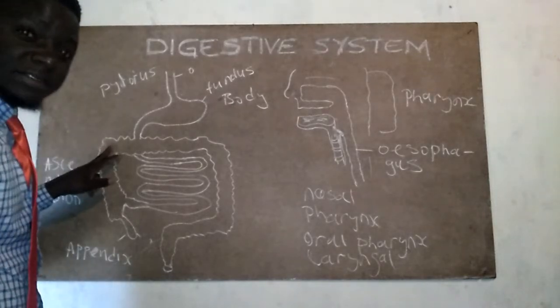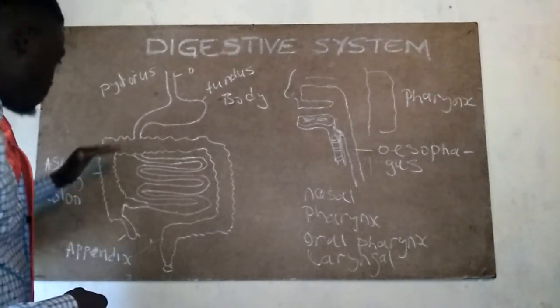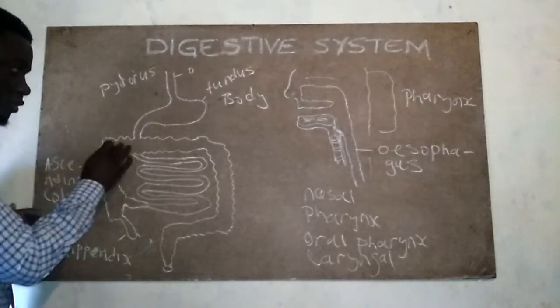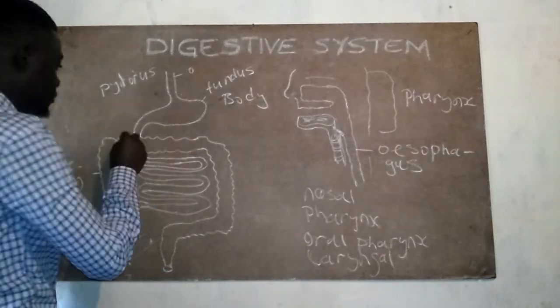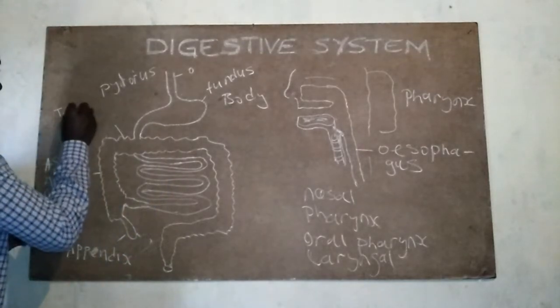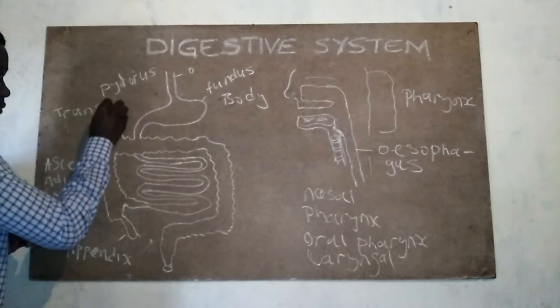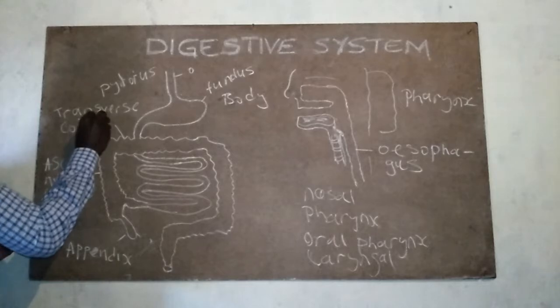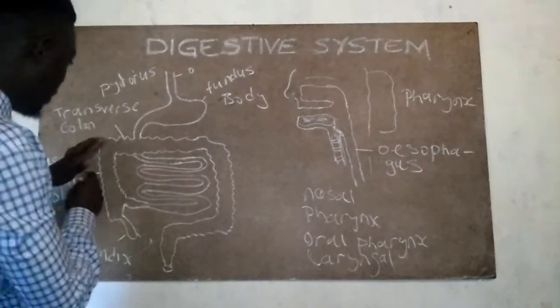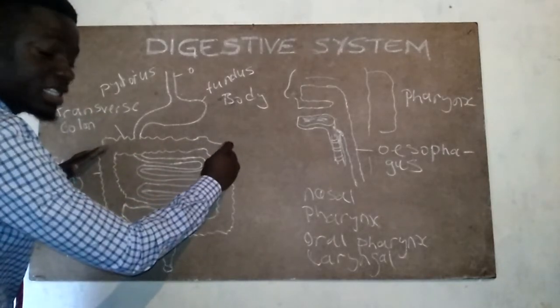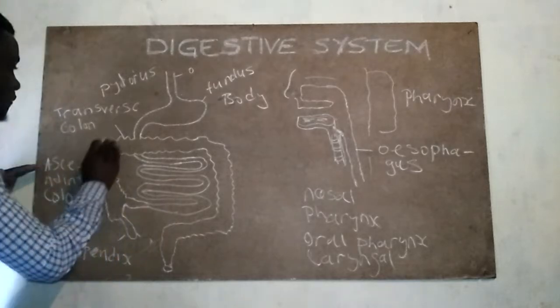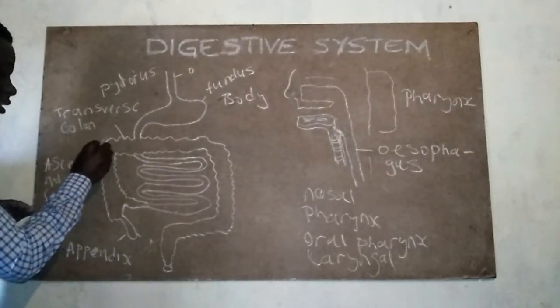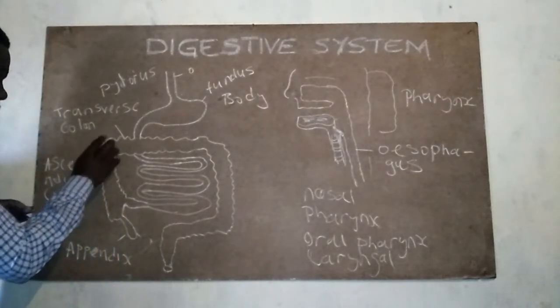We have the ascending colon, the transverse colon. And this one here is the sigmoid. Also the bend by the hepatic, sometimes it's called the hepatic flexure.